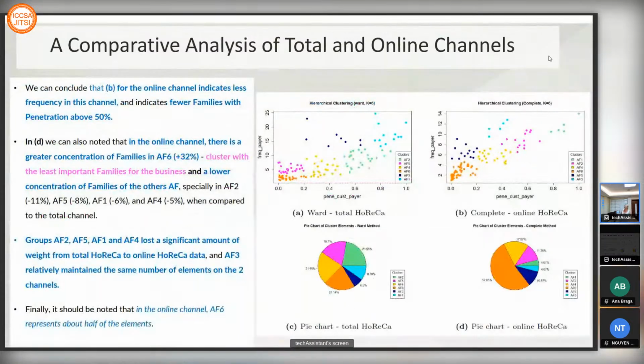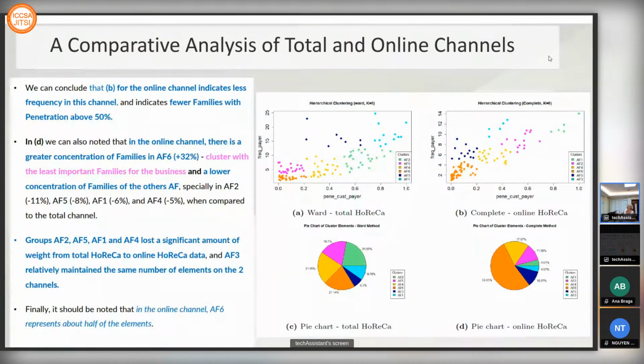So we can conclude that for this graphic, there is a different kind of scale for the frequency, and the frequent pair in this case indicates less frequency in the online channel, because we have the smallest number here.